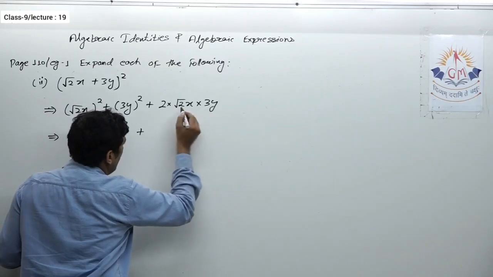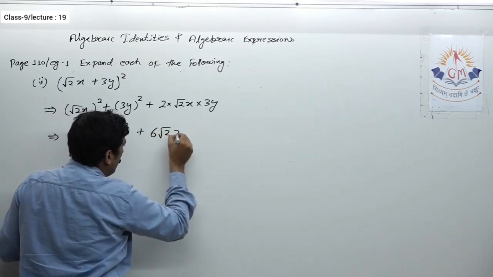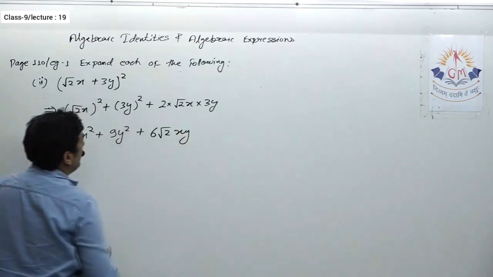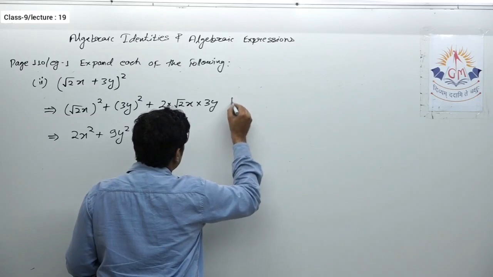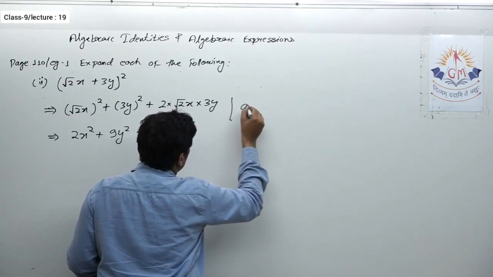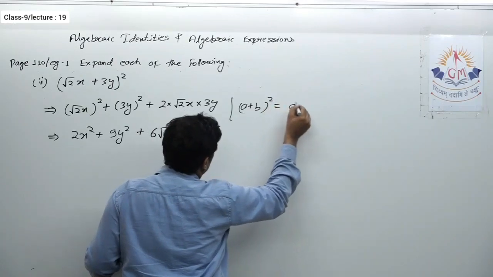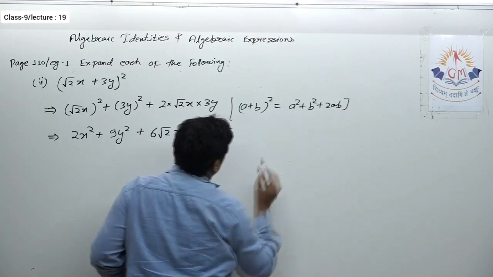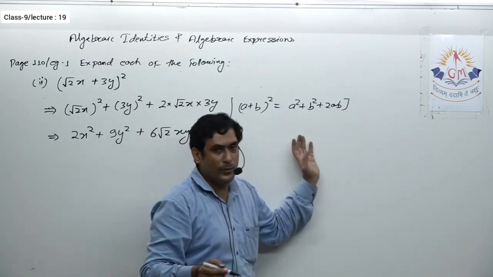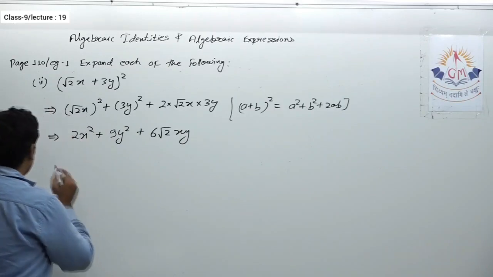So 2 into 3 into root 2 is 6 root 2, and xy. So this is the final answer. Here I used the identity, so it's better to write that identity: a plus b whole square is equal to a square plus b square plus 2ab. If you want to write a square plus 2ab plus b square, then also it is okay. I hope this is clear to you.